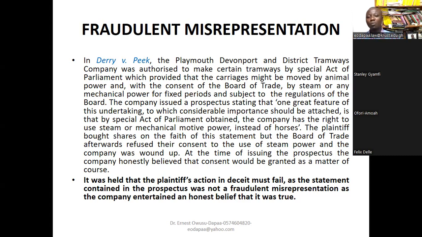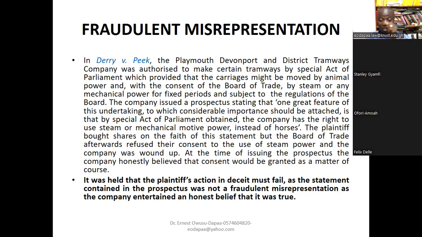Now, this particular company, Plymouth, Devonport and District Tramways Company, wanted to invite the public to put money in the company. So they issued a prospectus. We've explained what a prospectus is already.